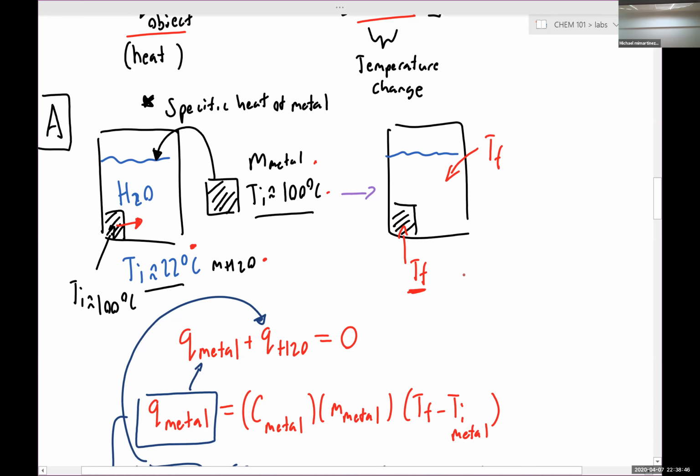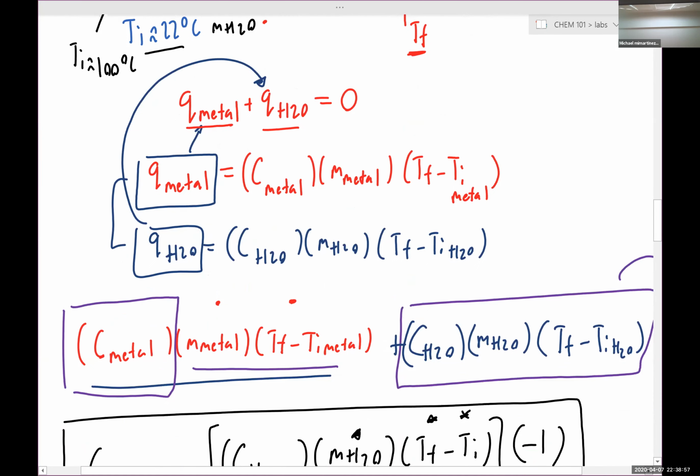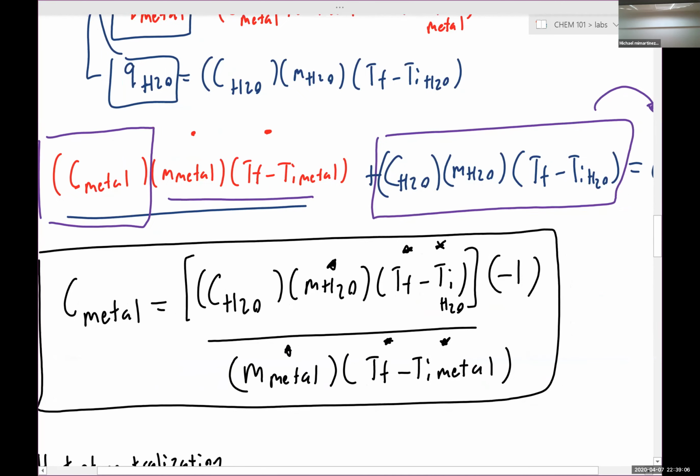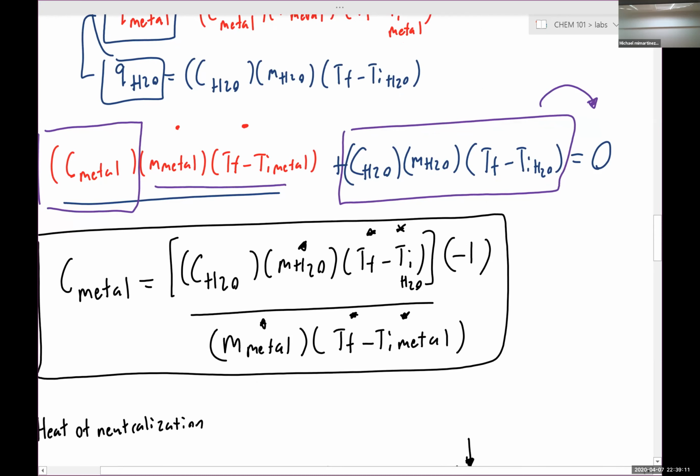So we'll write down the final temperature. We know mathematically that any heat released by our metal was gained by our water. So when we substitute our expressions for heat using our specific heat capacity and temperature, we can solve this expression and calculate the specific heat of our metal by measuring the mass of each of our components, the initial temperature of each of our components, and the final temperature.